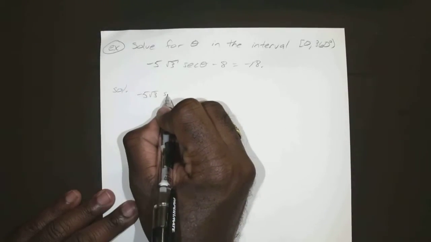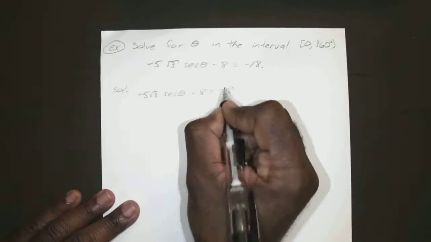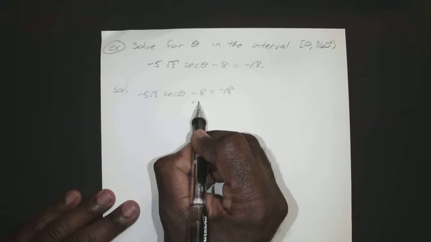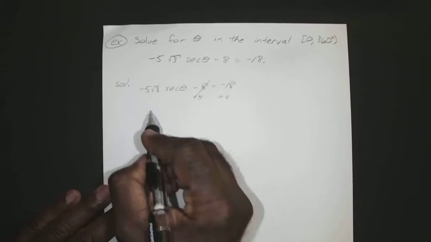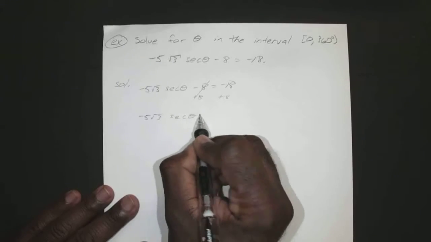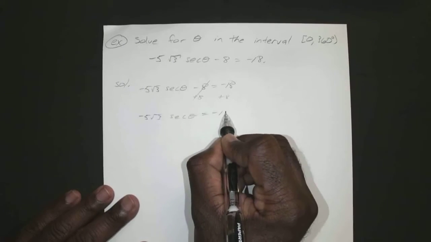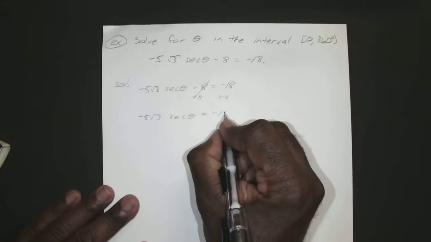Add 8 to both sides. So you have negative 5 square root of 3 times secant theta equals negative 10.